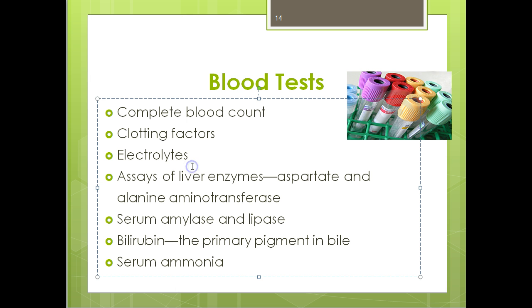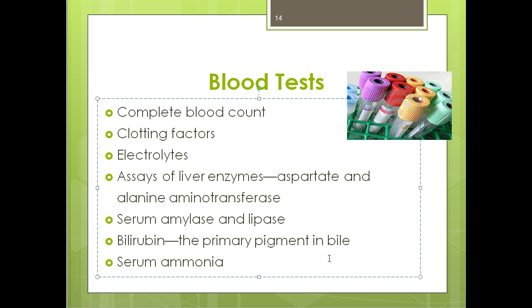Electrolyte panels, and then you're going to do liver enzymes, amylase, lipase, bilirubin, which is the primary pigment that's in the bile, and serum ammonia, to see if they're detoxifying their body like they should.